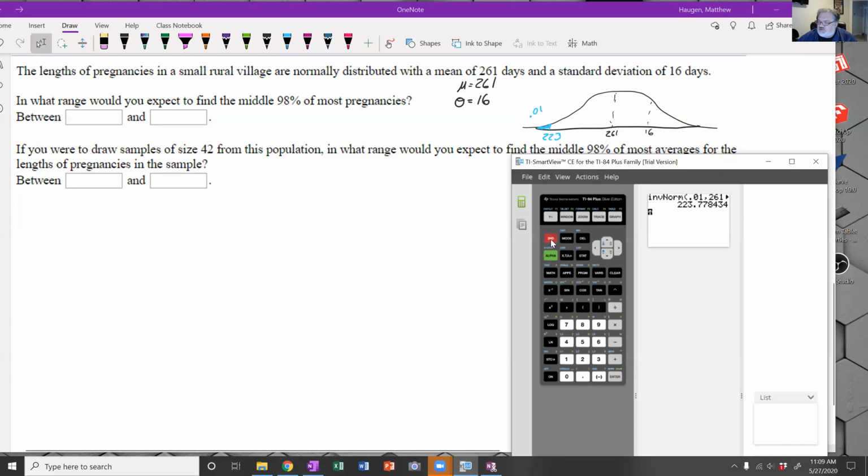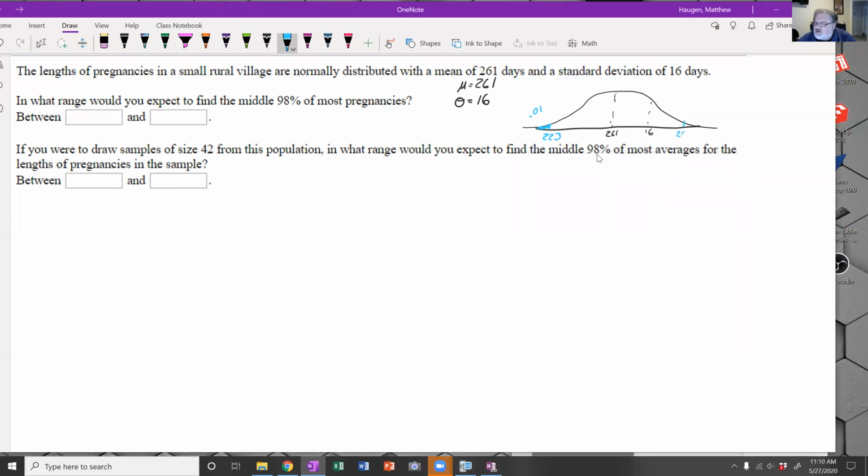And if we wanted the upper one, I guess I could figure out how far away that is and do the math, but I could also just say at 99%, that boundary is 298. So 298.